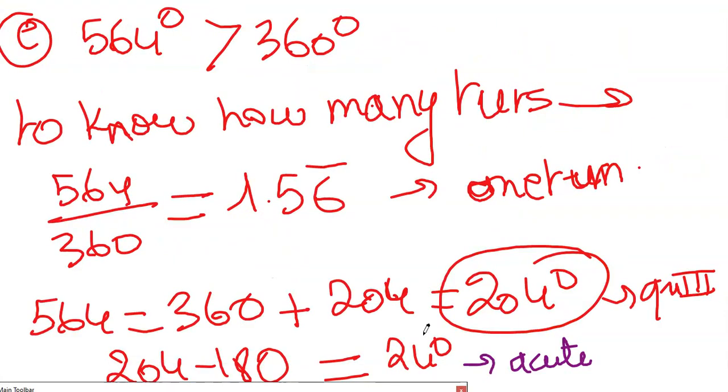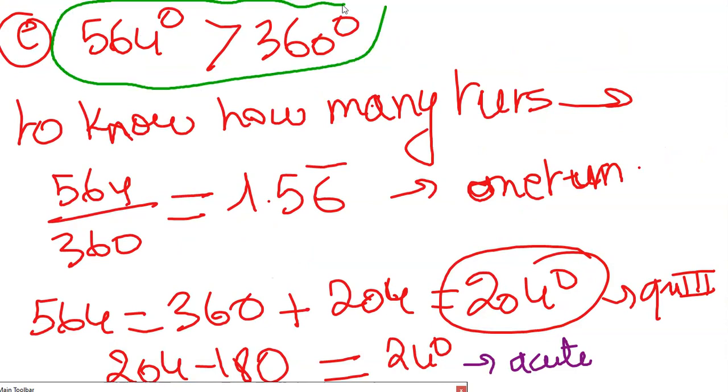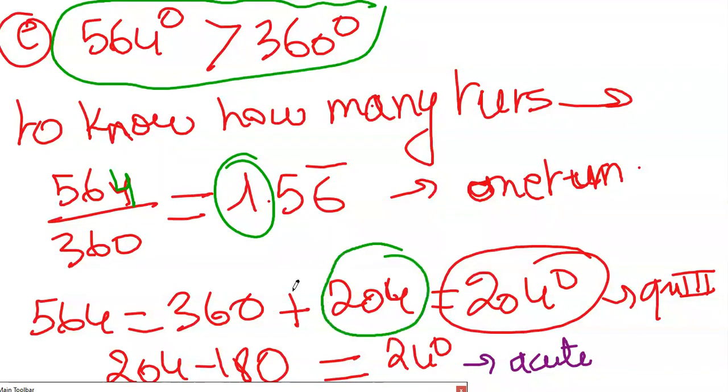Part E, 564. Also, it's bigger than 360 degrees. If I want to know how many turns this angle gives me, I just divide it by 360, and it gives me 1.5 something. It means I have one full turn plus an angle. So I can decompose 564 as 360 plus an angle, plus 204. 204, which quadrant am I on?